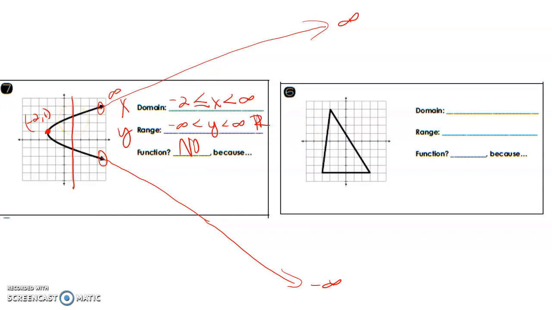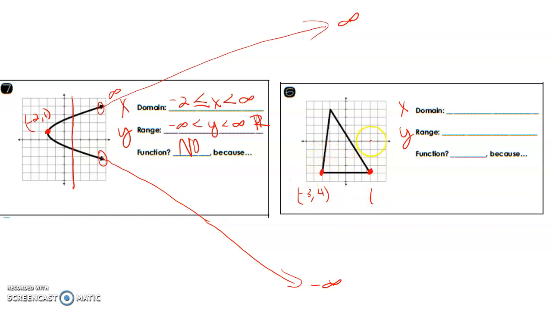Number 6, we're going to look at a relation that is shaped like a triangle. So again, domain is all my x values, range is all my y values. My leftmost point is going to be right here, and my rightmost point is going to be right here.